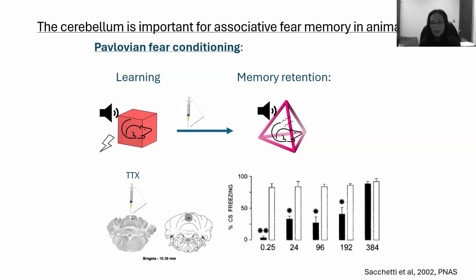If you inject TTX, it will cause different degrees of impairment of memory retention. However, 2 weeks later, there's no effect. So from this, they conclude that the cerebellum is important for the consolidation of associated fear memory.